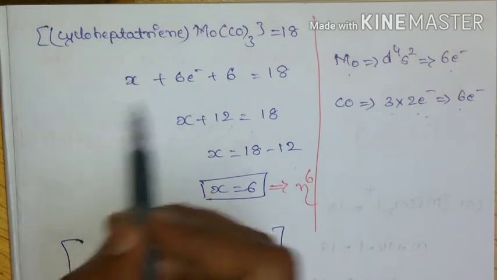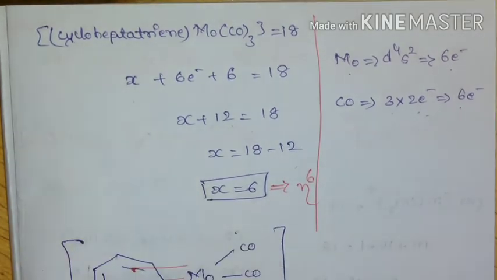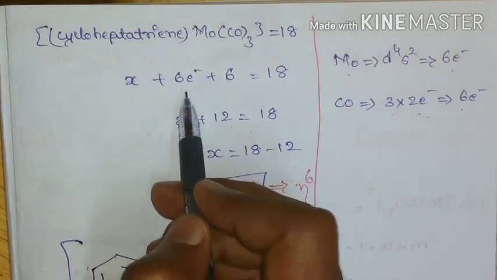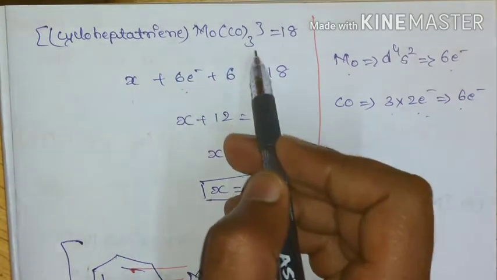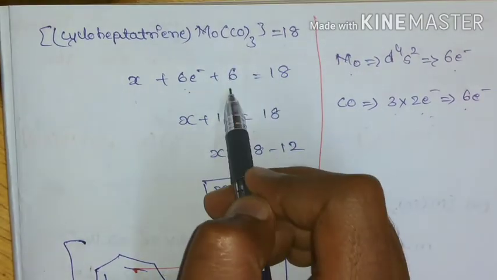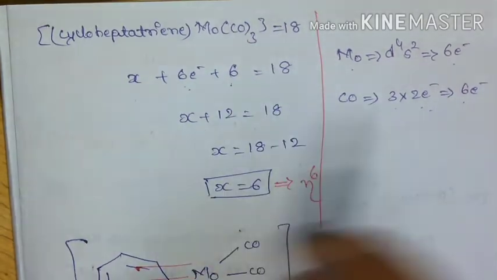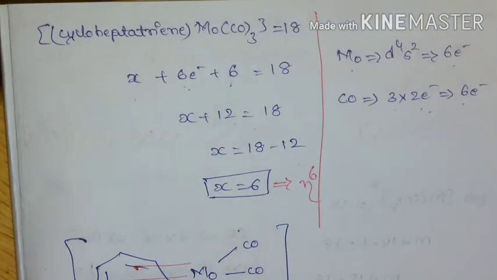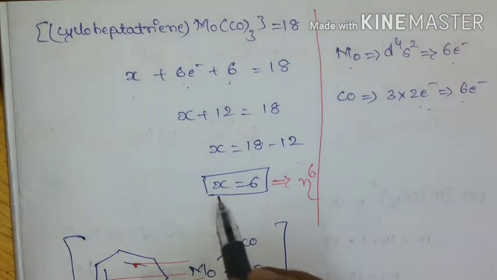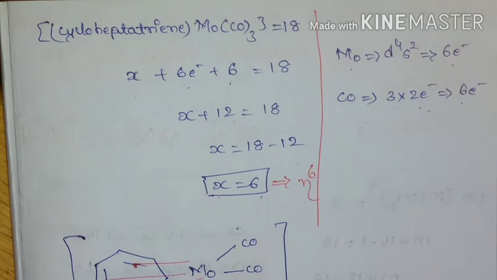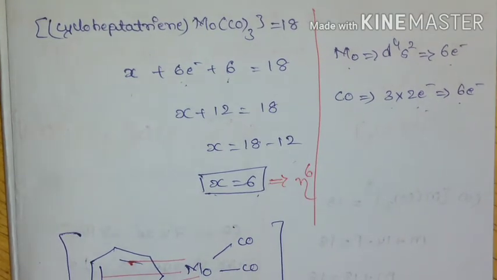We need to find this hapticity, that is X. So X, 6 electrons from molybdenum and 3 into 2, 6 electrons from the carbonyls, and this complex is an 18 electron complex. So we are going to get X is equal to 6. We know that in neutral method, the hapticity will be equal to the number of electrons contributed.